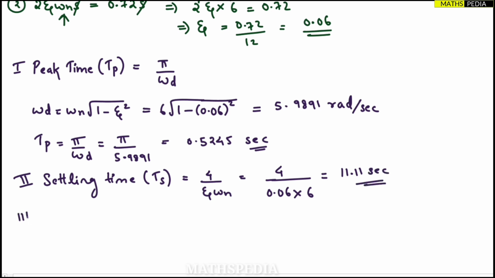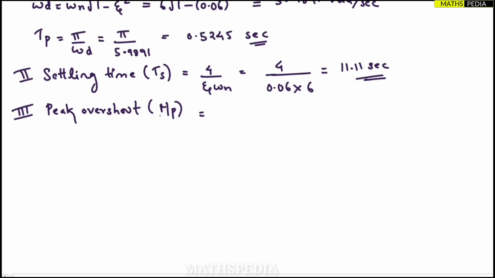Let us go for the third part, which is nothing but peak overshoot. Notation is MP, right? The peak overshoot percentage MP is given by e power minus pi zeta divided by square root of 1 minus zeta square.